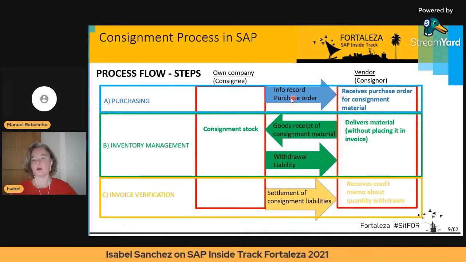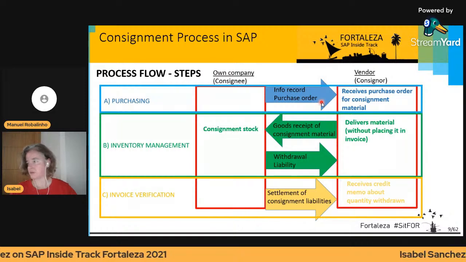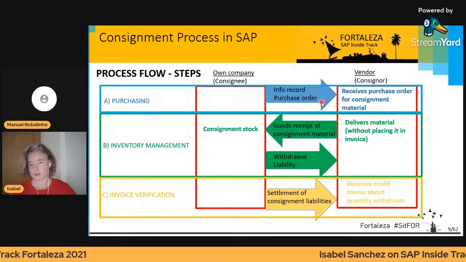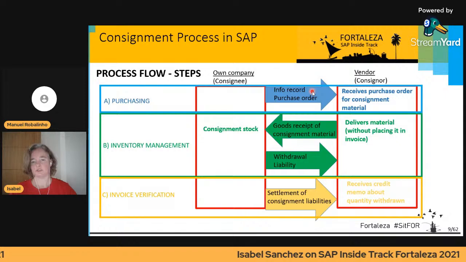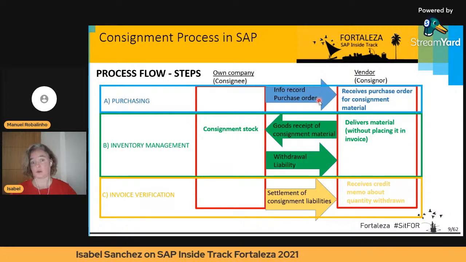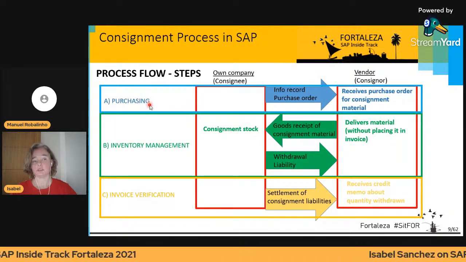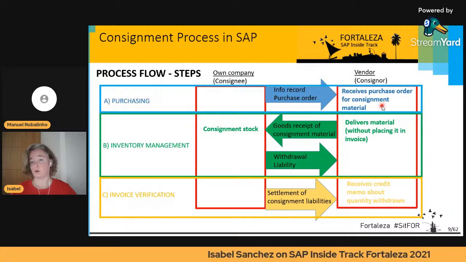So what is the way to purchase these goods? First, you create an info record, and after the info record, a purchase order. This is the first step, purchasing. The consignor will receive a purchase order for the consignment material.